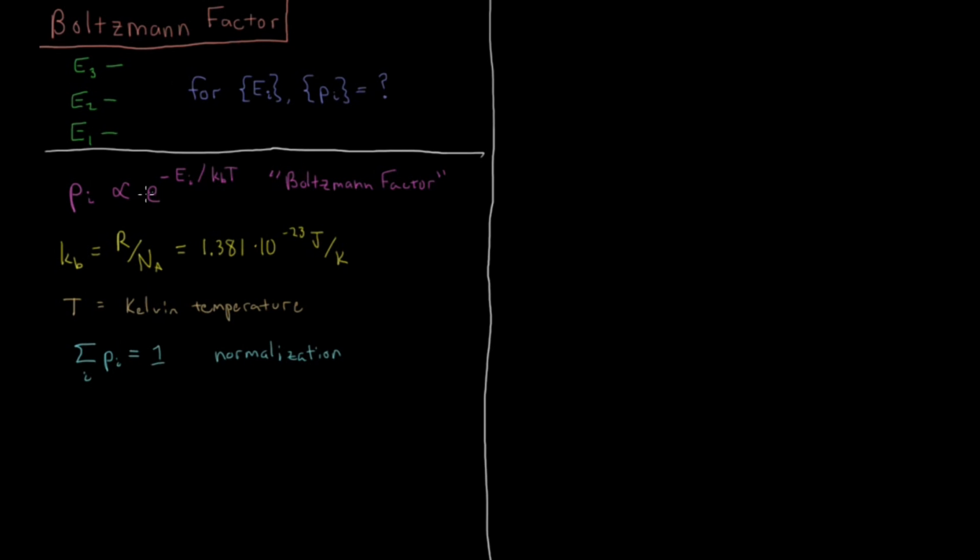Okay, so if we take all of these Boltzmann factors and sum them up, we'll get a very special function, which I'm going to call Q. So if we sum over all of these states i of e to the minus energy of the state i over k_BT, then we're going to get this factor, which we are going to call the partition function.